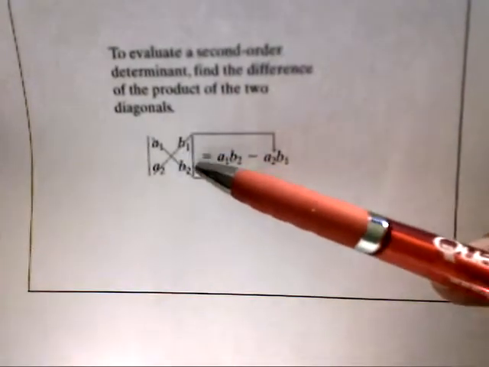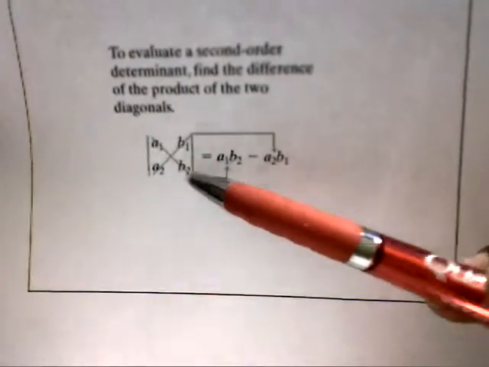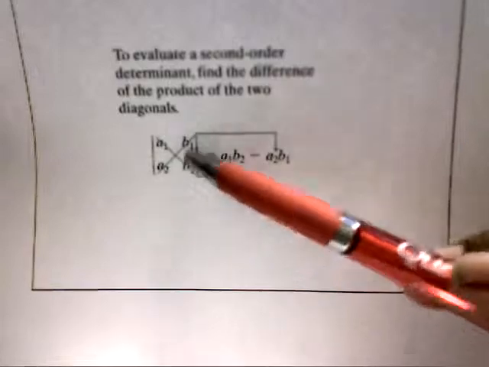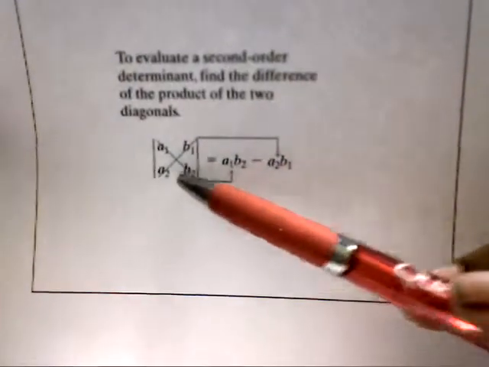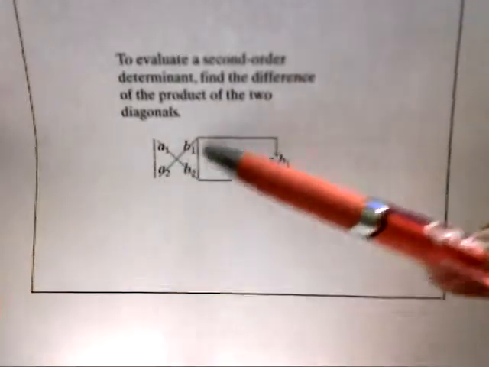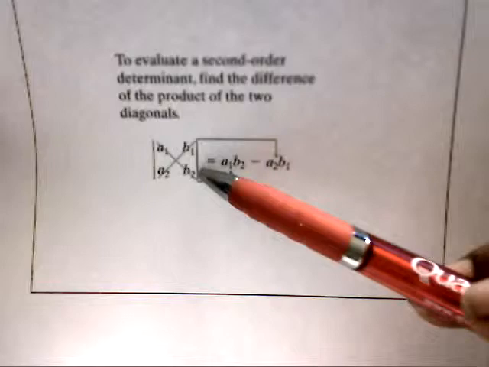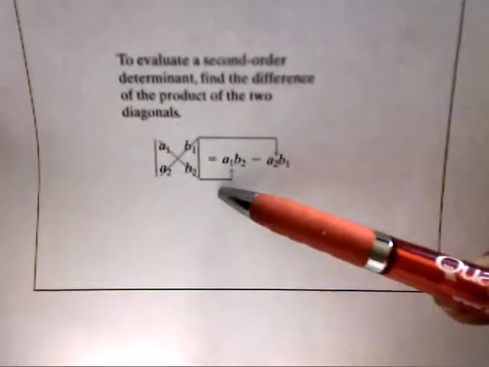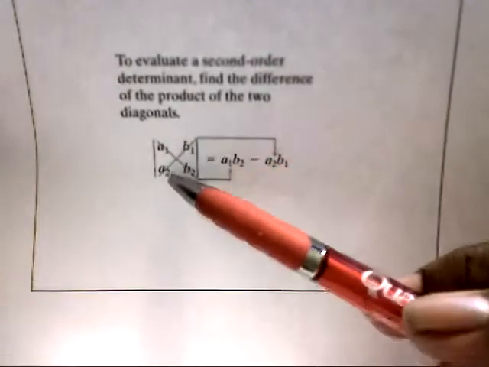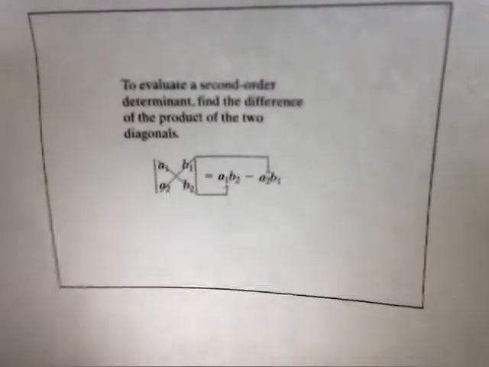So it's going to be the product of this diagonal from the upper left to lower right minus the product of this diagonal from the lower left to the upper right. Using letters, it will be A1 B2 minus A2 B1. So again, you're finding the product of the diagonal from the upper left to the lower right minus the product of the diagonal from the lower left to the upper right to evaluate a second order determinant.